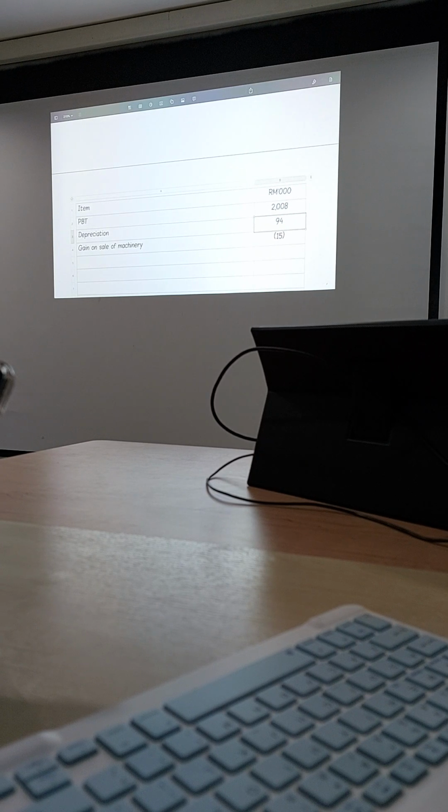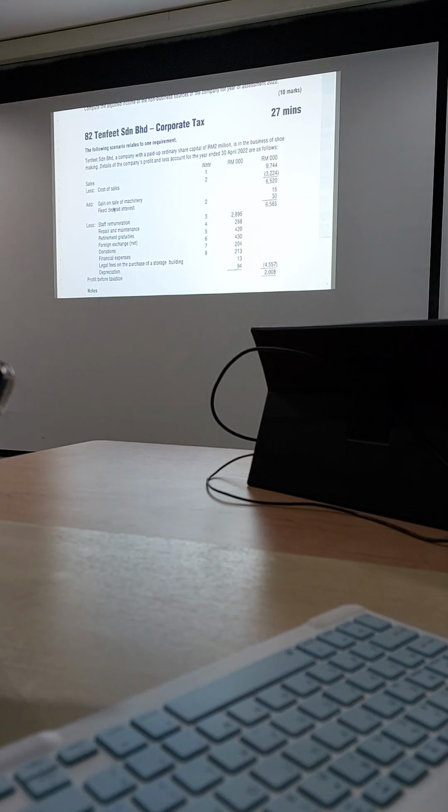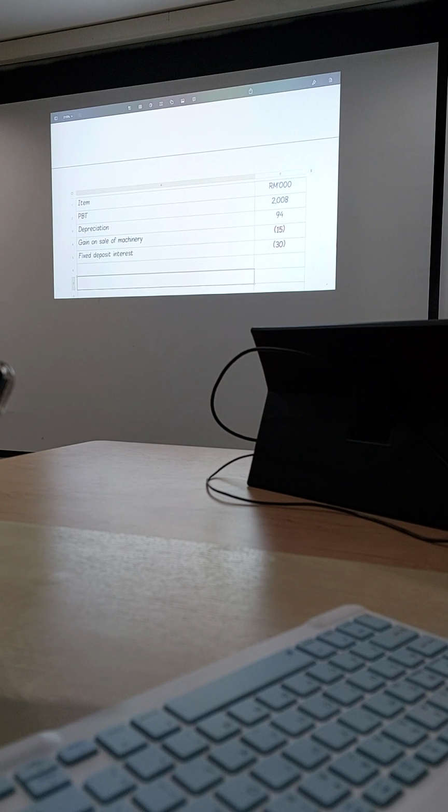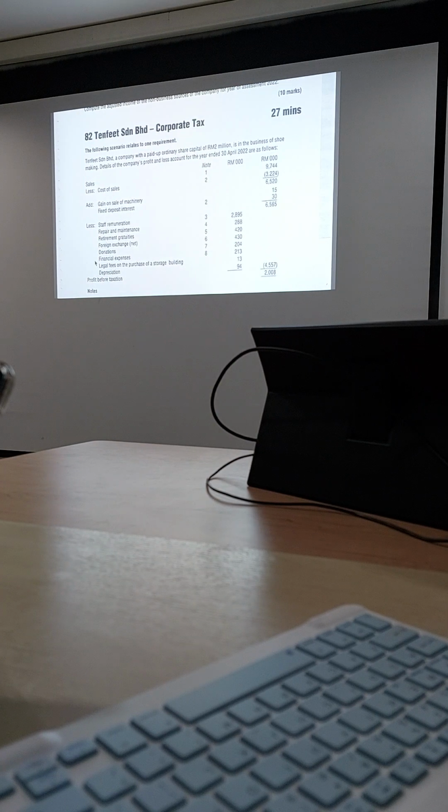I hope you got that one correct. That one's quite straightforward, obvious. Fixed deposit interest, deduct 30. This one is easy marks, right? Settle the easy ones first.